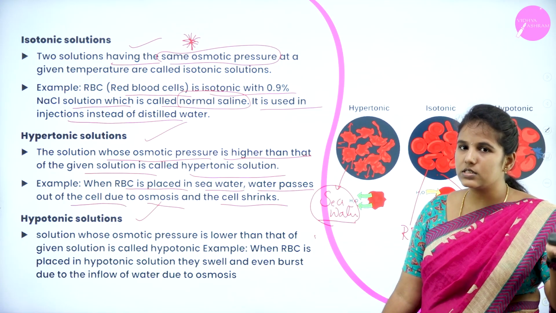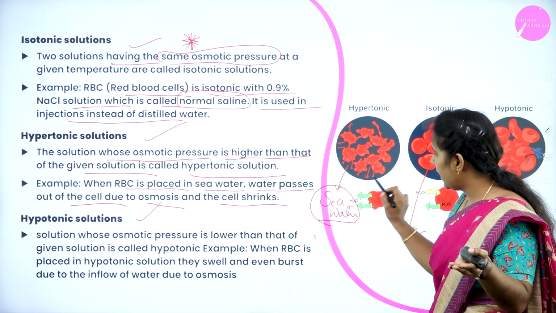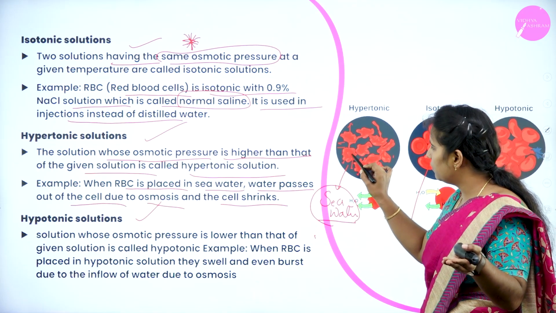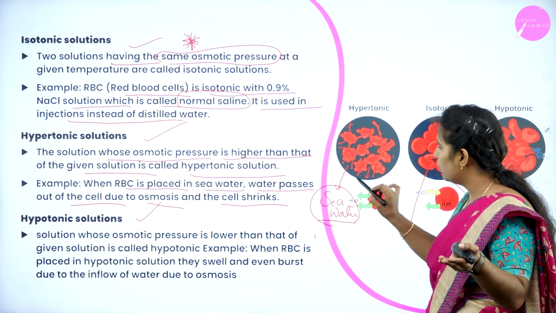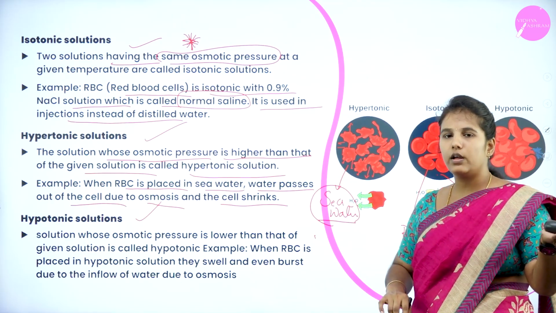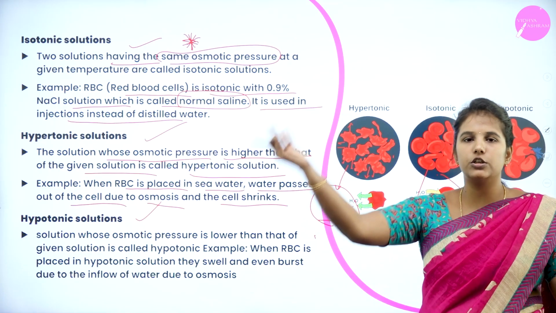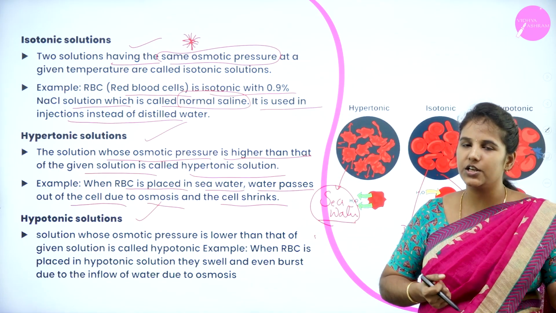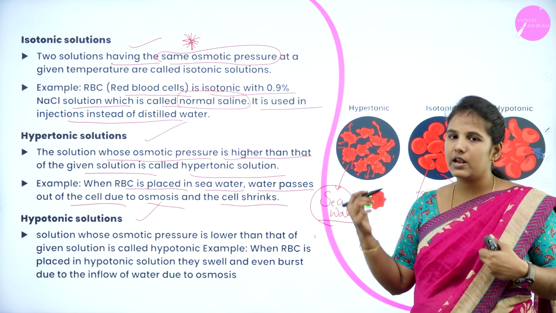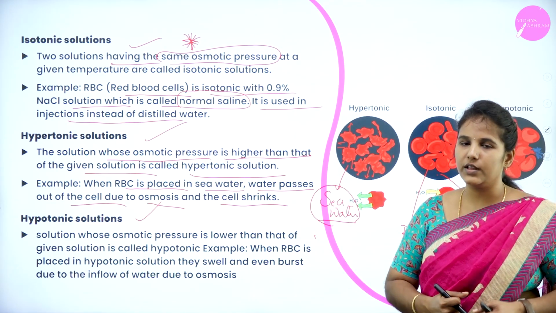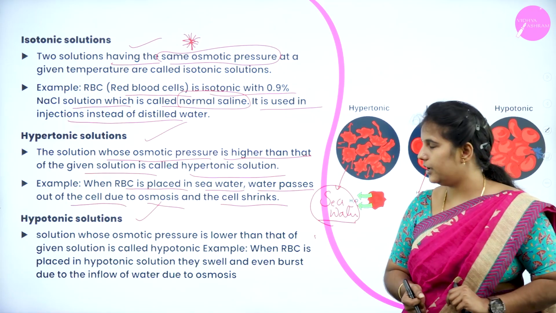Due to the high concentration of salt outside the red blood cells, the water molecules in the cells start moving towards the seawater, so osmosis takes place from the lower concentration region to the higher concentration region. Finally the red blood cells undergo shrinkage. This is an example of a hypertonic solution.